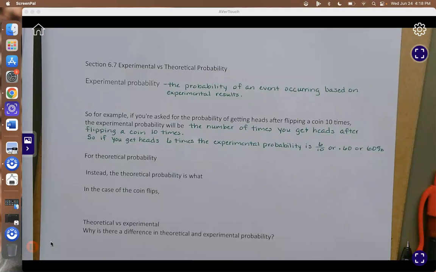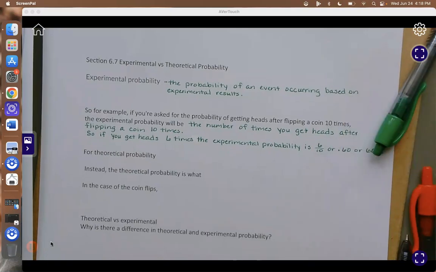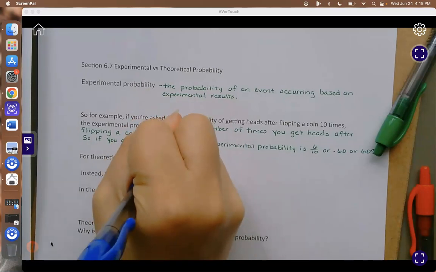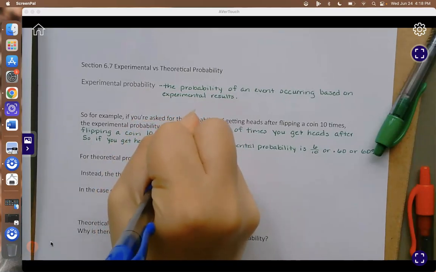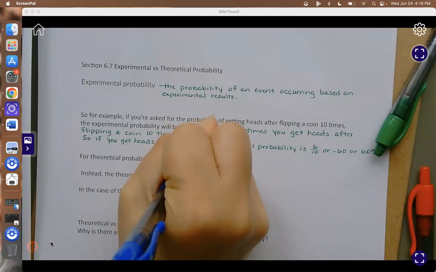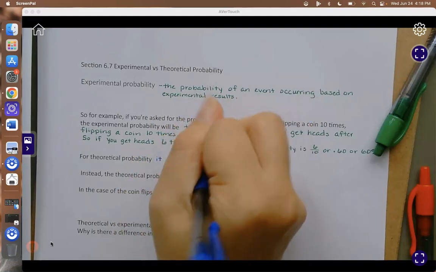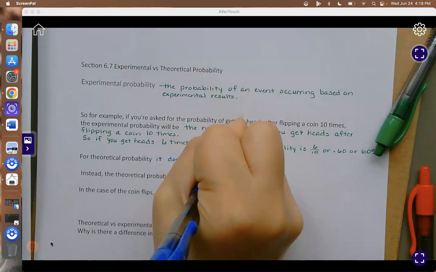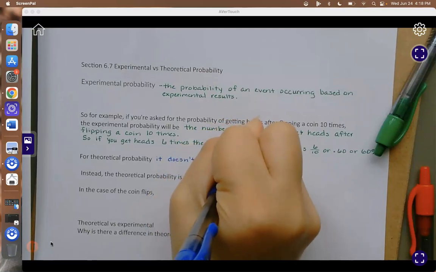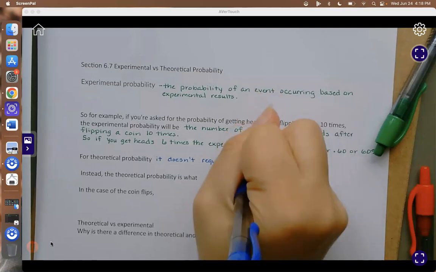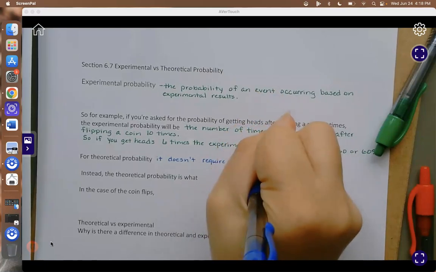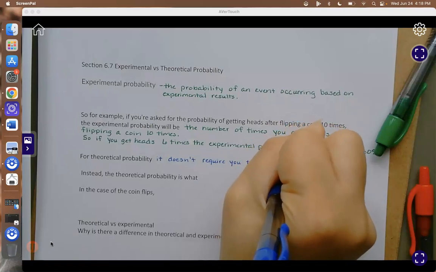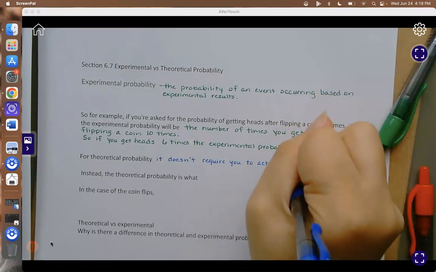Okay, so the theoretical probability doesn't require you to actually do the experiment.